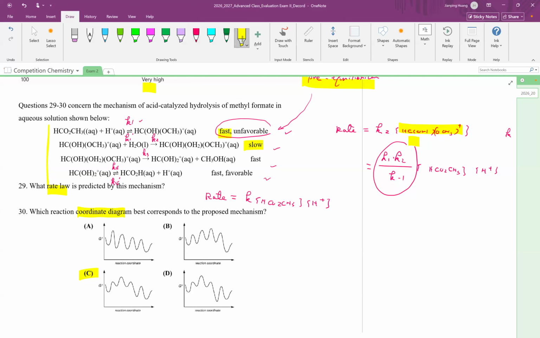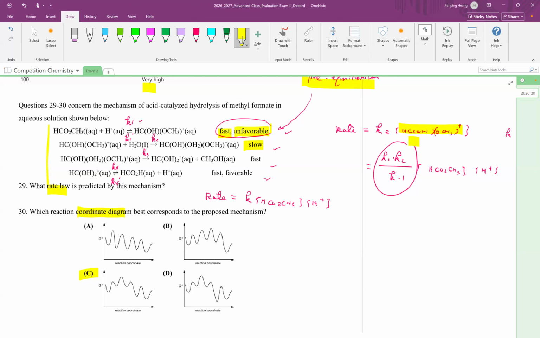Now I'm going to repeat. The first one is unfavorable. What does unfavorable mean? Fast means smaller activation enthalpy. Unfavorable means the intermediate product has high enthalpy. Step 1 is fast, unfavorable, which means the activation enthalpy is small.